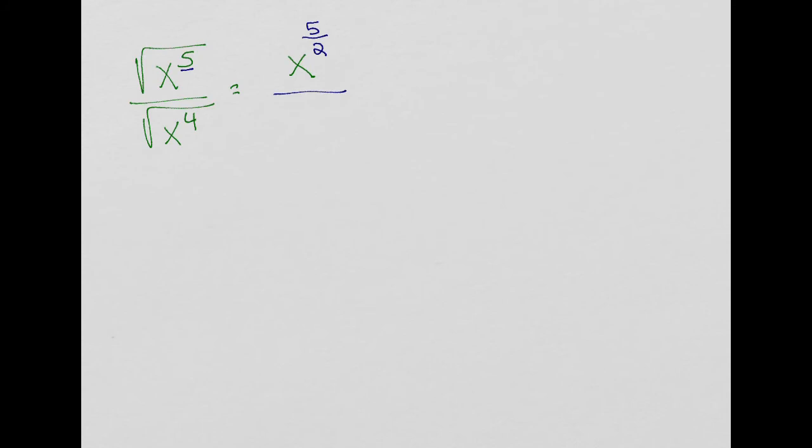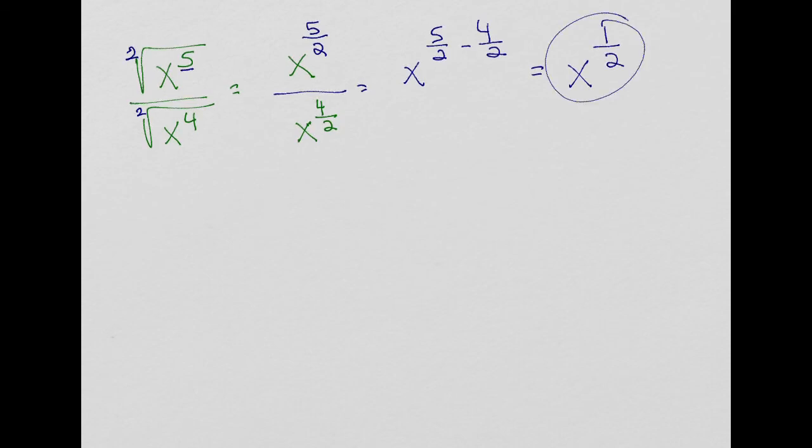In the denominator, my base is x. The 4 is the numerator, and the index, which is 2. The 2 isn't written here, but it's assumed to be a 2 because it's a square root. So anytime that it's a square root, your index is a 2. Like this is a 2 out here. So then now we can follow the exponent rules. So 5/2 minus 4/2. We already have a common denominator. So we have x to the 1/2.